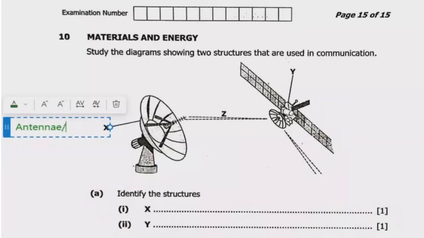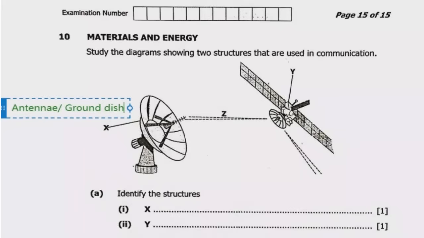You can also call it a ground dish. There are so many names that you can call it. You can even call it a ground microwave dish. If you wrote your answer to be dish, I'm sure it can be acceptable.